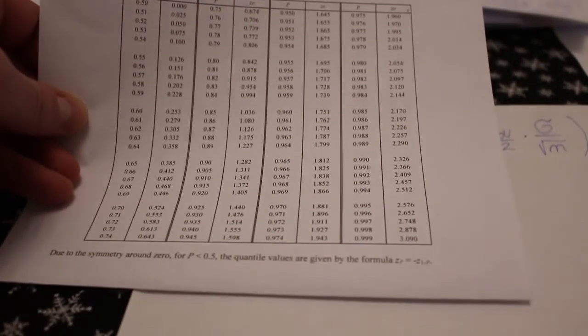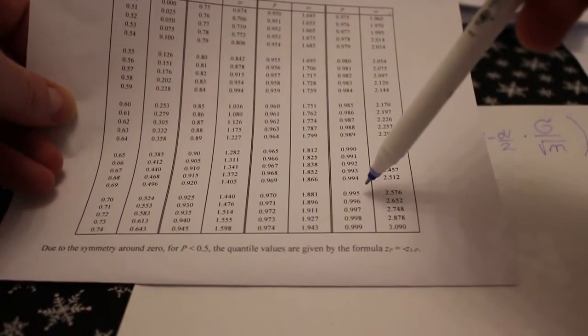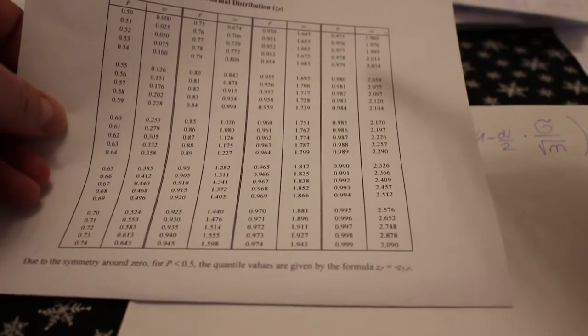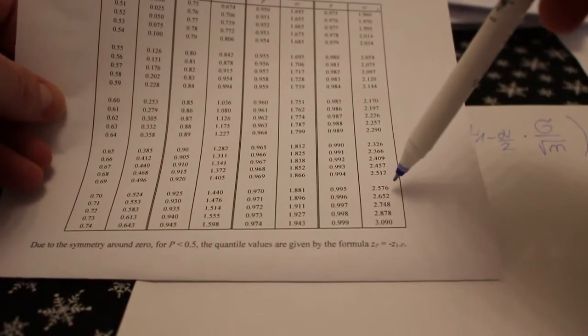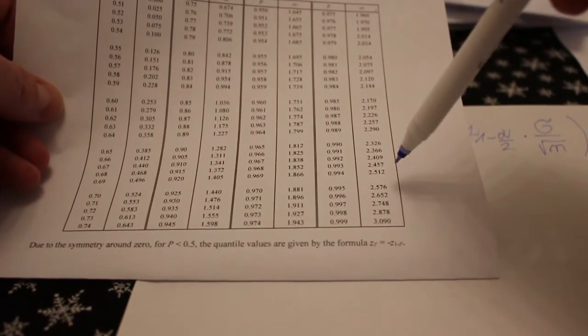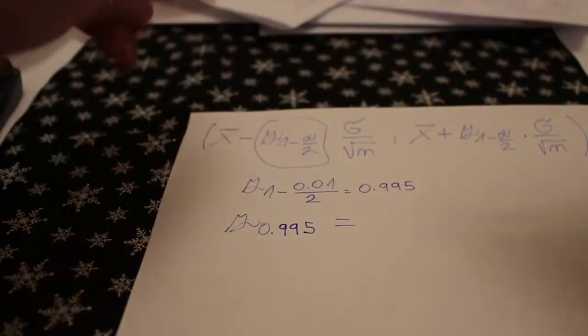So you can check the statistical tables, and 0.995, there is the column with p, and the size of this quantile is 2.576.